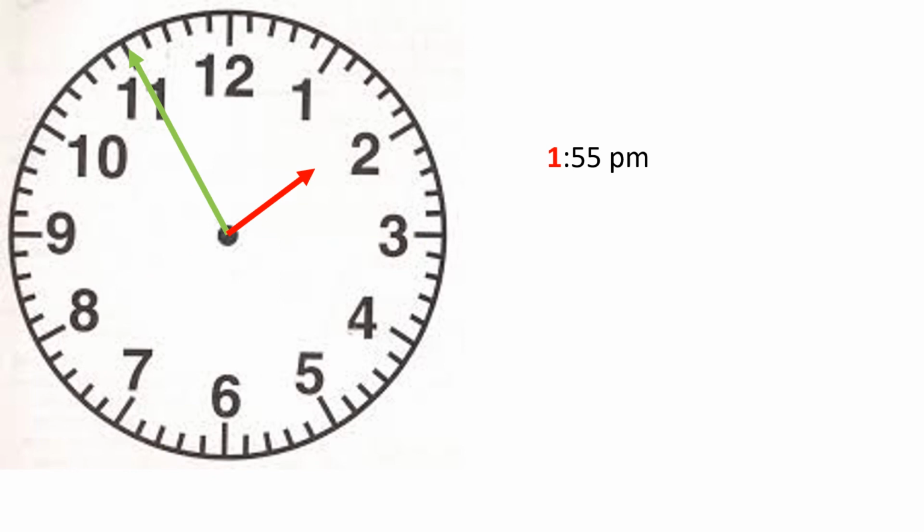Try this one, 1:55 PM. So we know it's in the afternoon. So when we know it's PM, we know we need to add 12. So what do we think the 24-hour time is going to be? 1 add 12 equals 13. So the hour is going to be 13, and the 24-hour time is going to be 13:55.